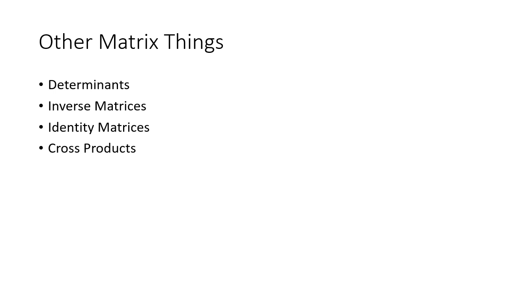But the basics that we're going to talk about for systems don't really include these things. They can. There are ways to use determinants and inverse matrices to solve systems of equations too. But if we have this other way that we're going to talk about, that's not super important.